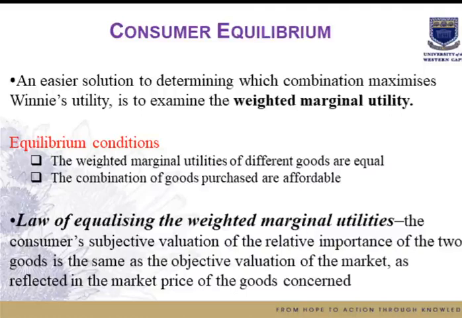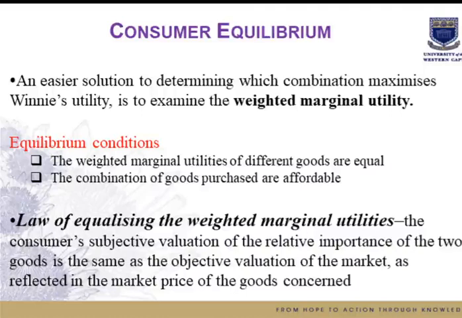Therefore, for equilibrium to exist, two conditions have to be met. The first condition is that the weighted marginal utilities of the two goods must be equal. The second condition is that the combination of the goods purchased has to be affordable. This is sometimes referred to as the law of equalizing the weighted marginal utilities.